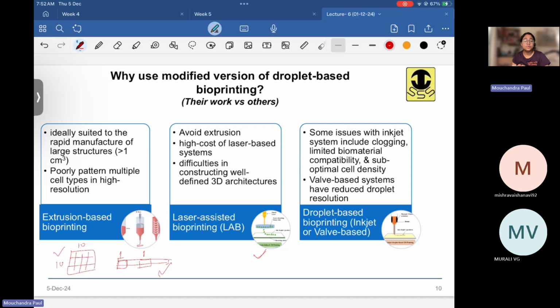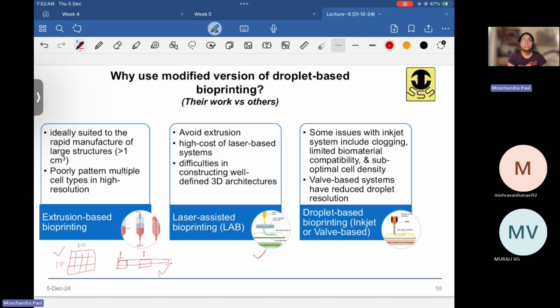And lastly, if we use droplet based printing, let's say inkjet or valve based, here you can face issues like clogging in inkjet. There are limited types of materials that you can use that match the requirements of the technique. And also the cell density that you can use is quite suboptimal. Okay, you cannot use very high cell density because again it can cause the issue of clogging.